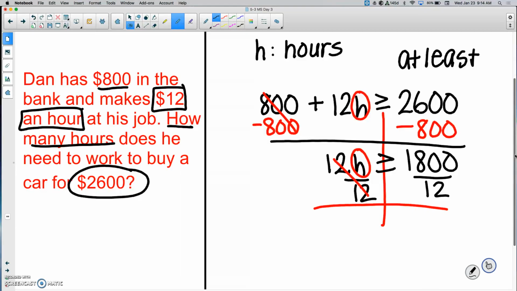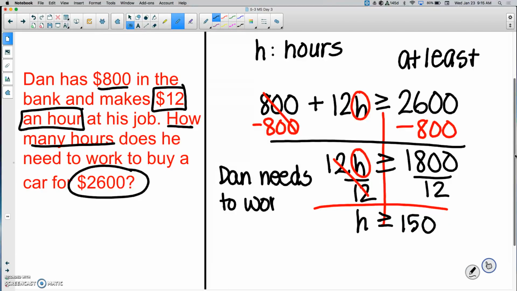So $1,800 divided by 12 is 150. So I am going to answer this one because it's a word problem, to answer it with a sentence. Dan needs to work at least 150 hours to buy the car.